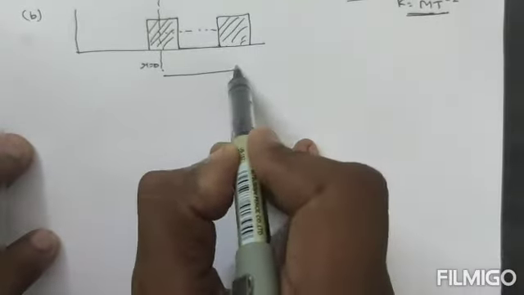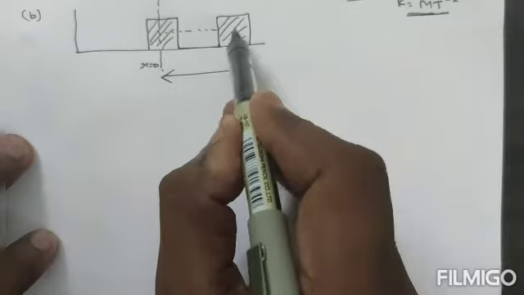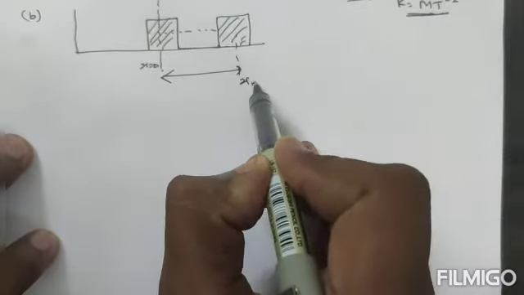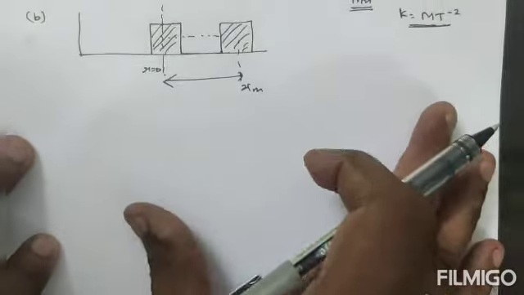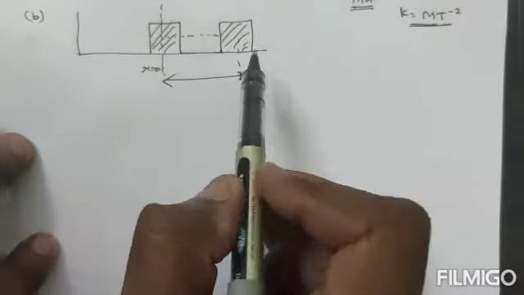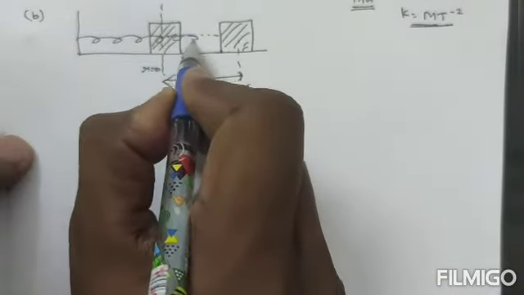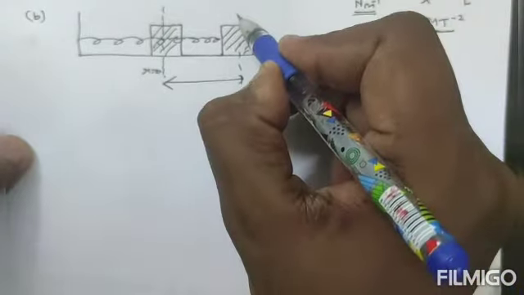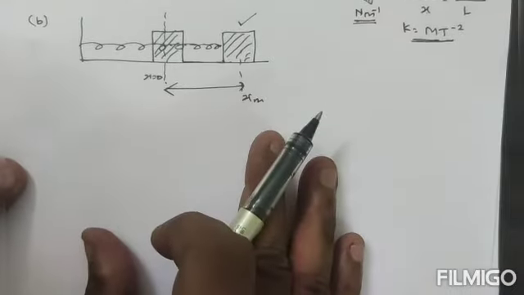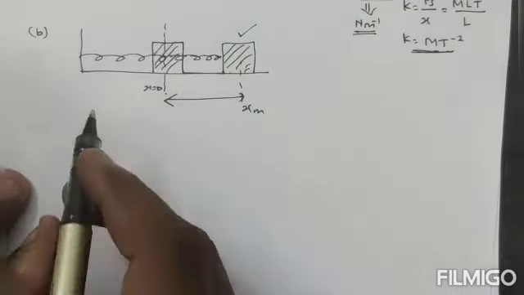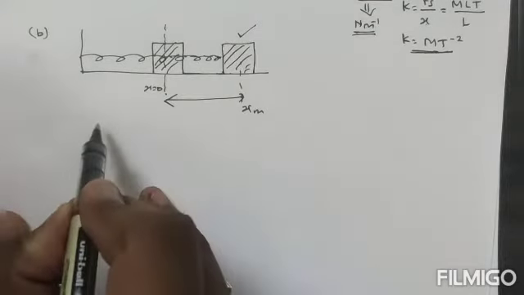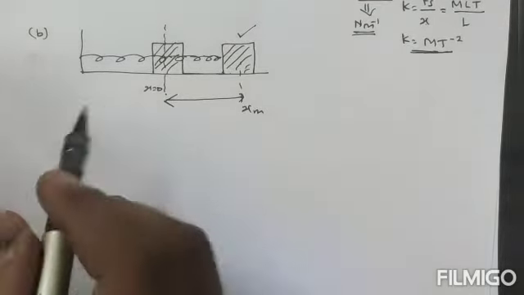Let us imagine this position is x maximum, xm. In this case the spring is in a stretched condition, and xm is the maximum value of x.